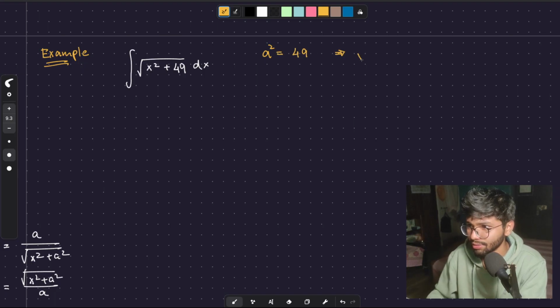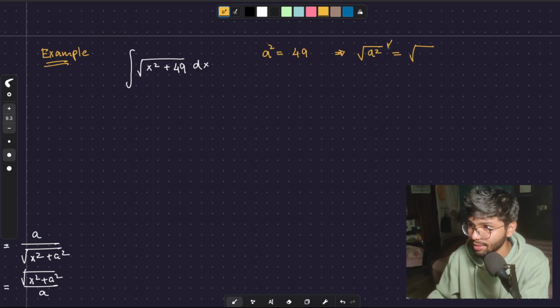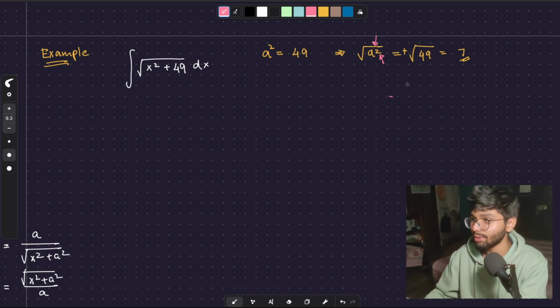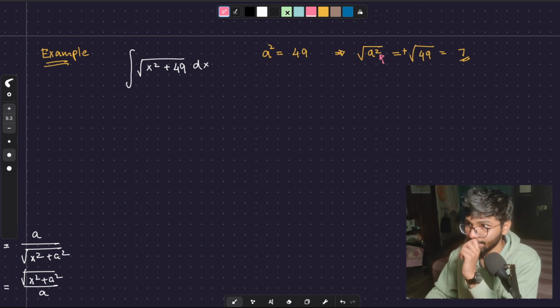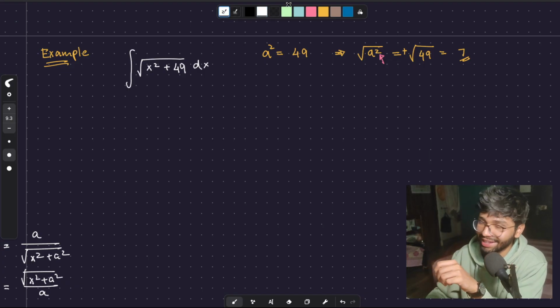So if you just square root both sides, this is supposed to be the absolute value, the definition of absolute value. So it's not going to be minus, but the plus of the square root of 49. So that's going to be 7 because you know that real numbers do not have negative squares. This is squared and it's being rooted, so you're going to get the positive value over here. Again, a little bit of real analysis, I guess.